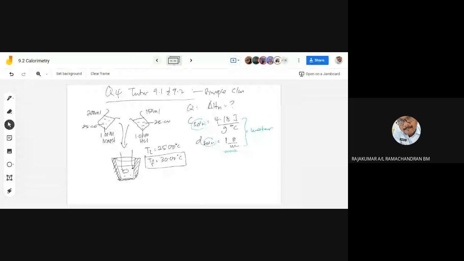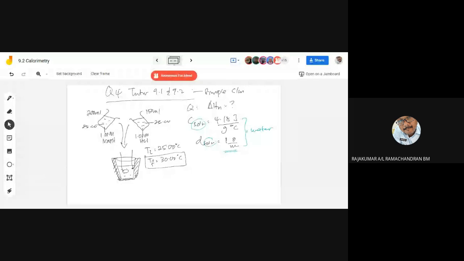Is there any information about solution? Cuba tengok ada tak? Yes. Do they give any information about solution? Ada ke? Yes, sir. Ada. Nampak sini?